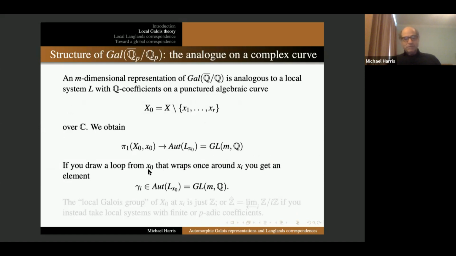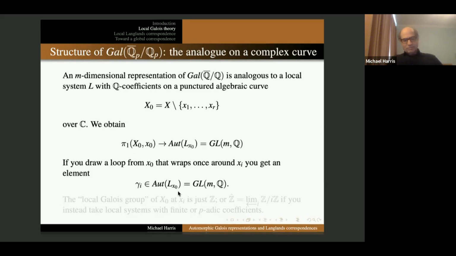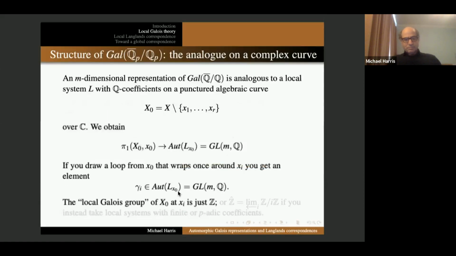There's a group, say gamma_i, a loop, and you get an element in this automorphism group. And so we get an element in what we can think of as GL_m(Q).